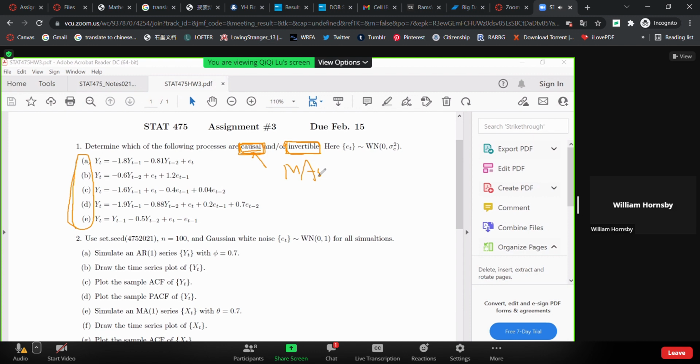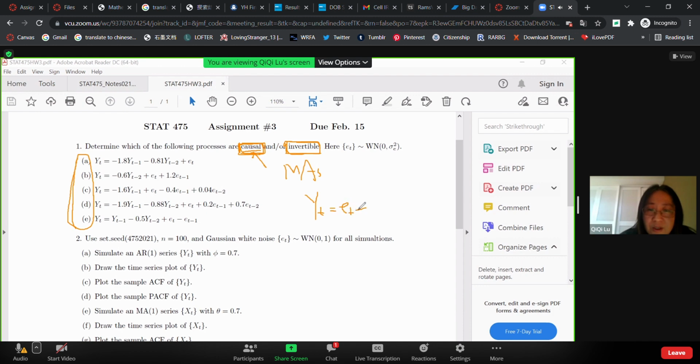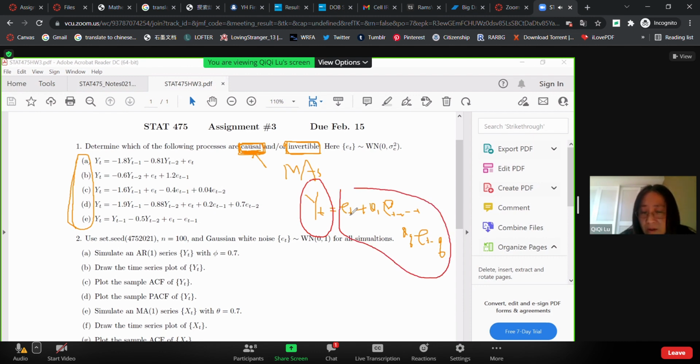If you see the definition of MA(q), that's epsilon_t plus theta_1 epsilon_{t-1} plus ... plus theta_q epsilon_{t-q}. A causal time series means you can write your time series in this form: in terms of white noise at the current time t and past times, t-1 to t-q. Your Y_t only depends on the current and past values of the white noise.